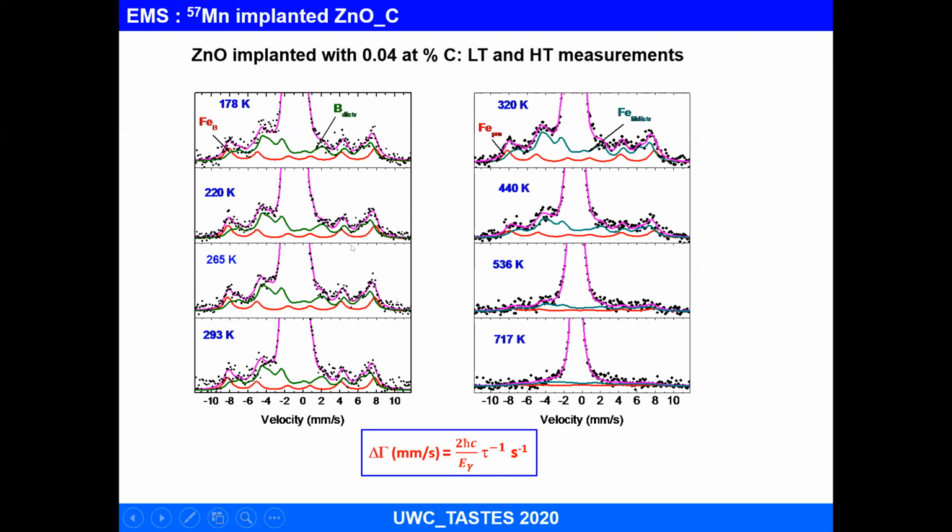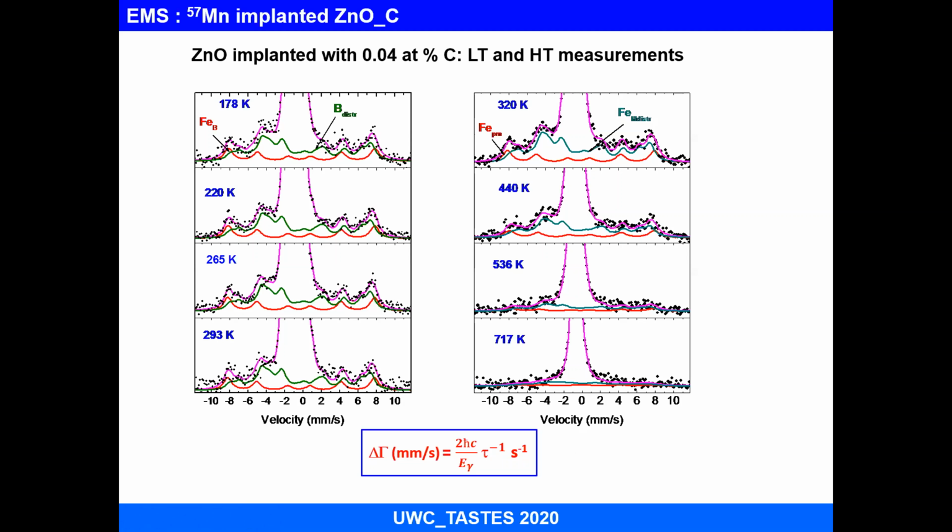As we increase the temperature from room temperature to higher temperature, the line width of this component increases, and from the line width we are able to determine the relaxation time.